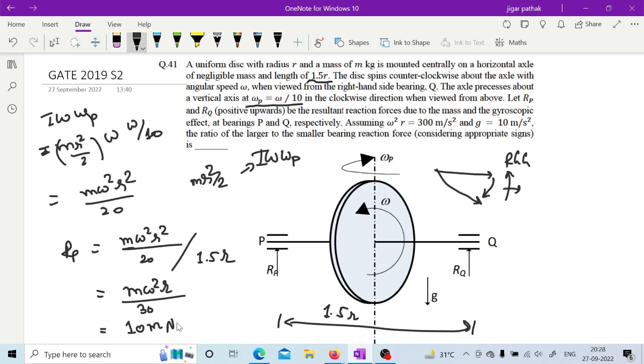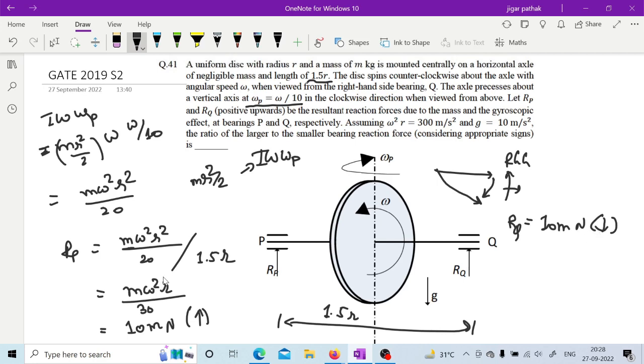And it is in the upward direction. Let us say this force at P is in upward direction. So if at P we are considering it upward direction, then RQ will be in the downward direction because it is generating this couple. So RQ will be again the same only, this 10 m Newton only, but it will be in the downward direction, right?